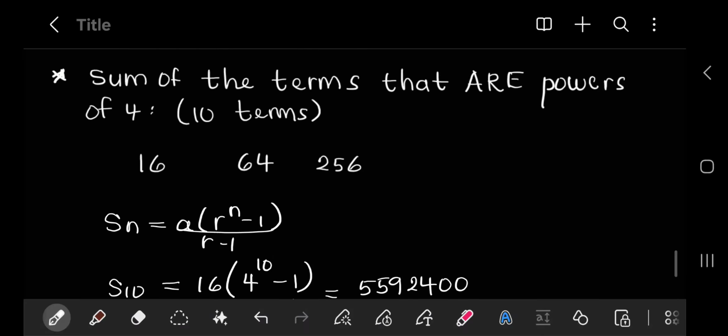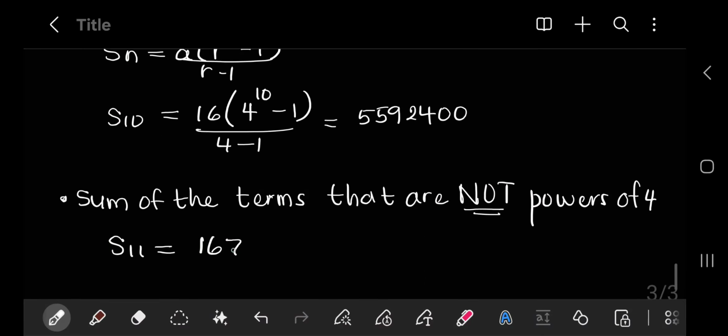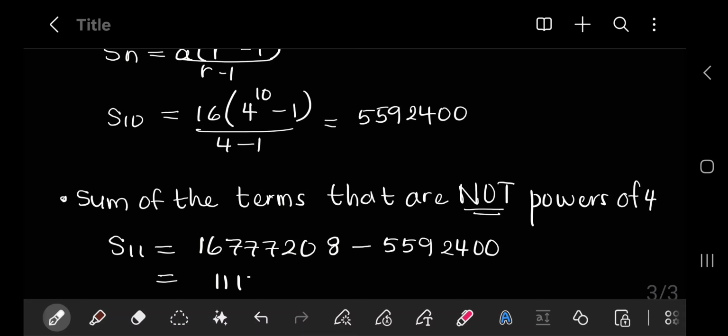So we are going to take the sum of all the terms, which is this value. We are going to minus the sum of the terms that are divisible by 4, which is the value above, 5592400. And the remaining value gives us the sum of the terms that are not divisible by 4.